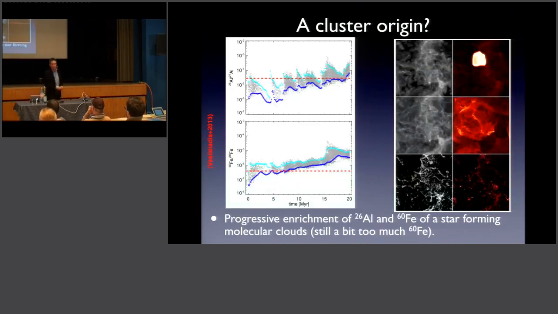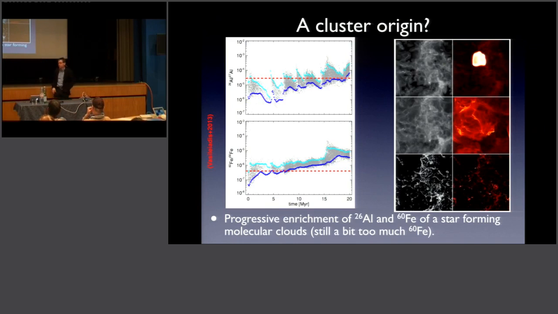Another possible explanation that has been discussed very recently is this idea that molecular clouds are very dynamic, so you have continuous star formation episodes. This is a variation in some sense of the previous one, but the difference is that you have continuous stars forming, exploding, stars forming, exploding, and so on and so forth.